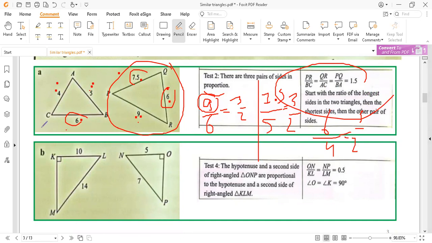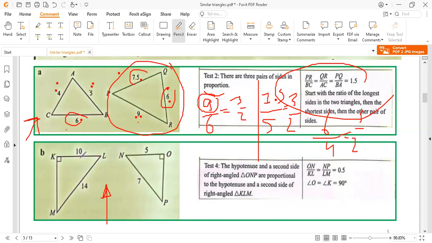This is one of the tests that we can use to verify the similarity of these triangles.